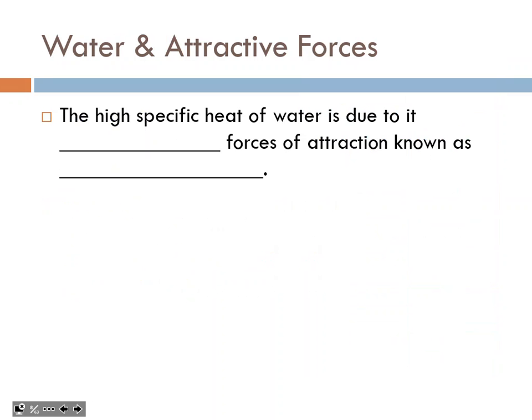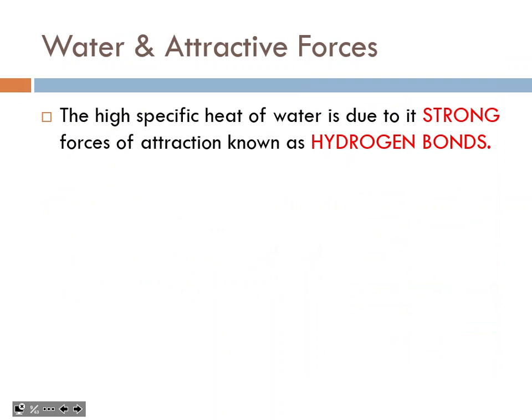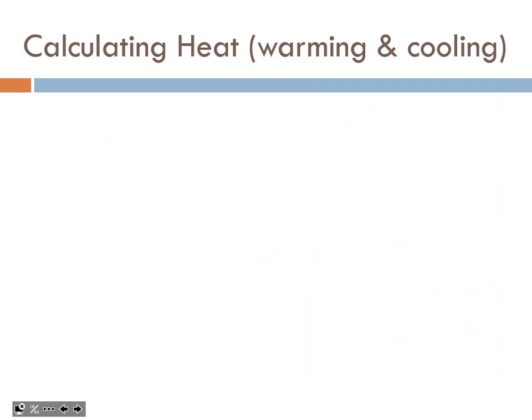It would be hydrogen bonds. So we have 3 different forces: London dispersion forces, dipole-dipole, and hydrogen bonding. What is significant about hydrogen bonding in comparison to the other 2? Stronger, yeah. So water, due to the strong forces of attraction known as hydrogen bonds, gets a lot of really unique properties, those hydrogen bonds, right?